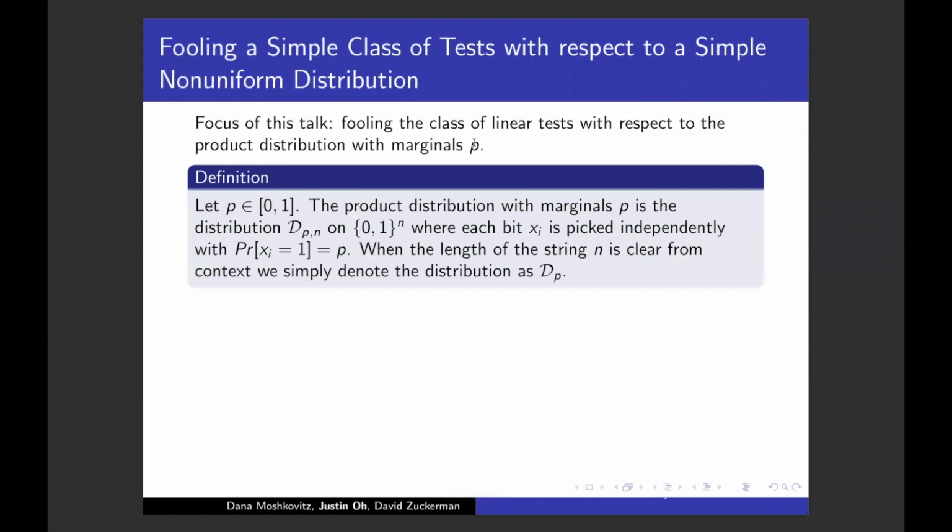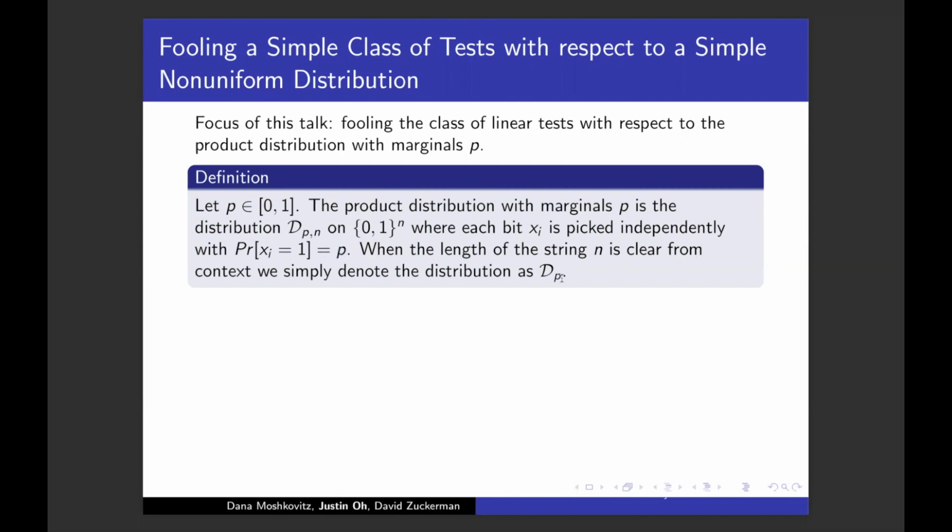The definition of a product distribution with marginals p, which we denote d sub p comma n, for some p between 0 and 1, is a distribution on 0, 1 to the n, where every bit x_i of the distribution is picked independently from all the others, and the probability that it outputs 1, or heads, is equal to p.